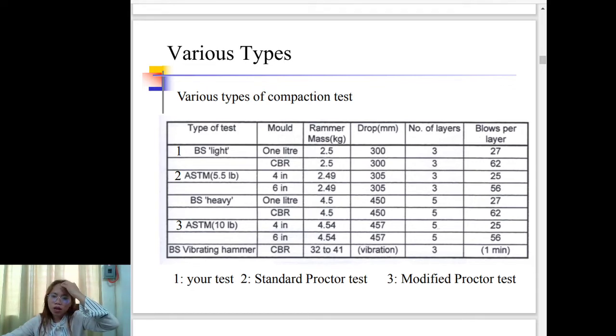For number 2, this standard is for the standard Proctor test, and for number 3, this is for the modified Proctor test.